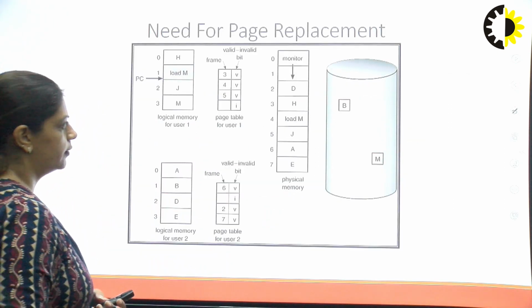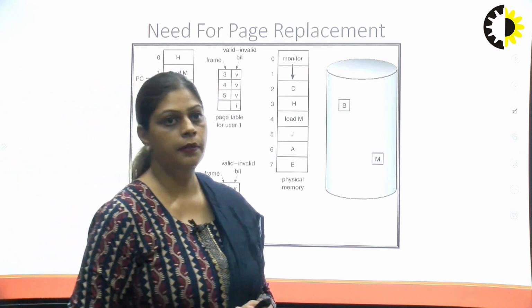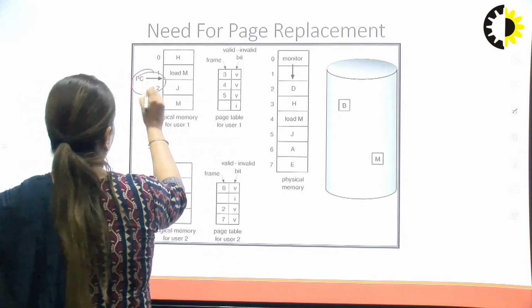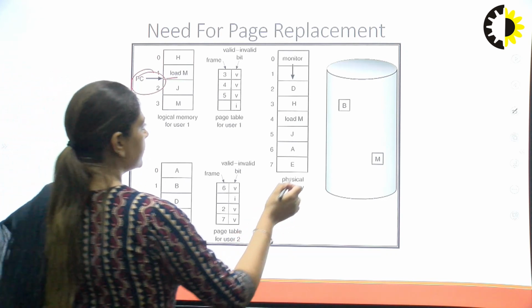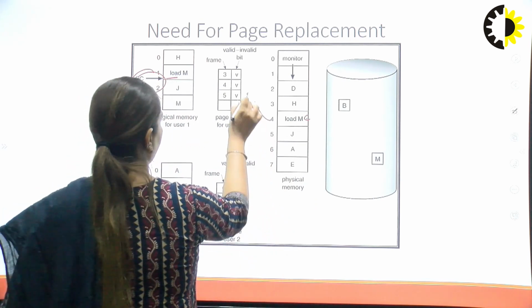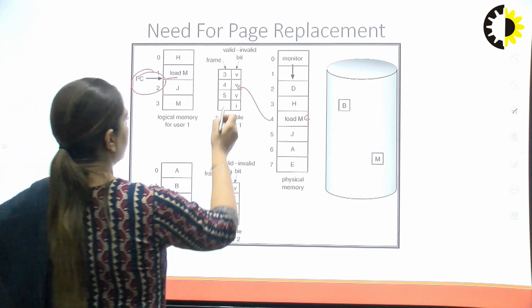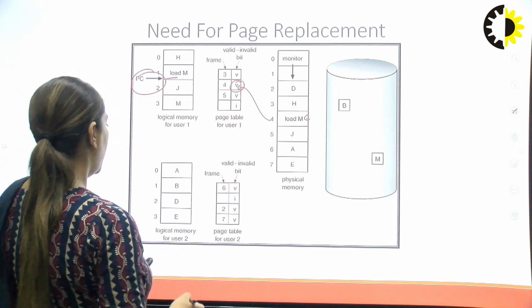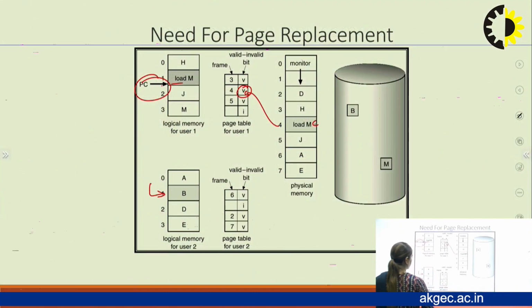Now, see here, this scenario tells why we need page replacement. Suppose the program counter is here and it requires the load M. This M is to be loaded here, and the page table is updated with frame 4 and the bit set to valid. After this, the next instruction has to be accessed.